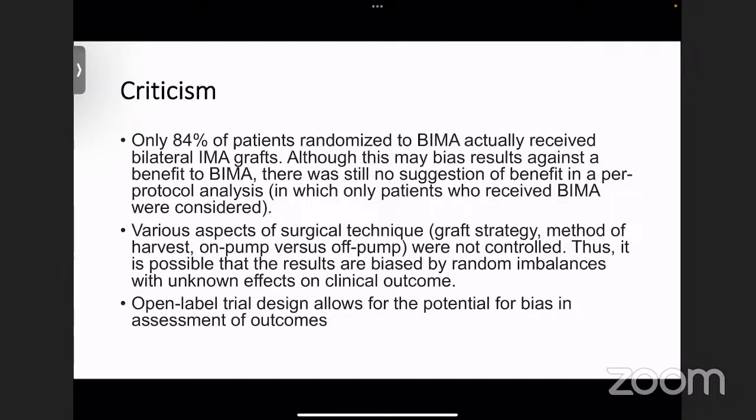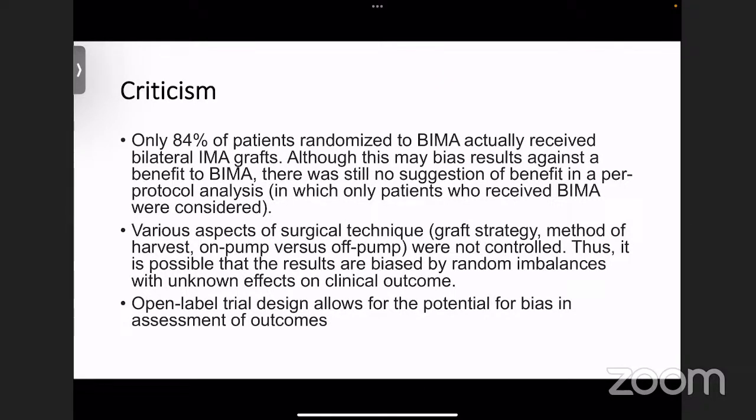The criticism is that 84% of patients that were supposed to take the BIMA actually took the single. Sorry, there's a mistake there. Different aspects of surgical technique were not controlled, and obviously the open-label trial design allows for potential bias in the assessment of outcomes.